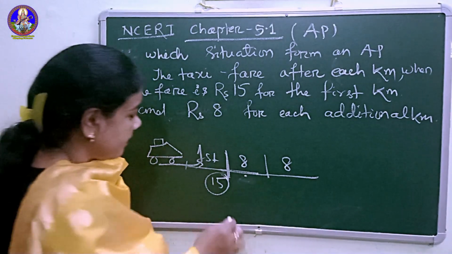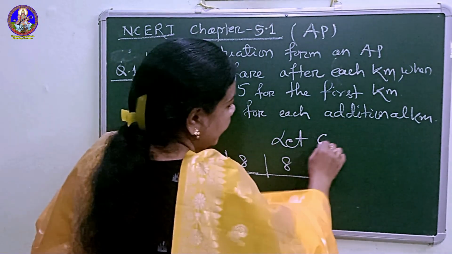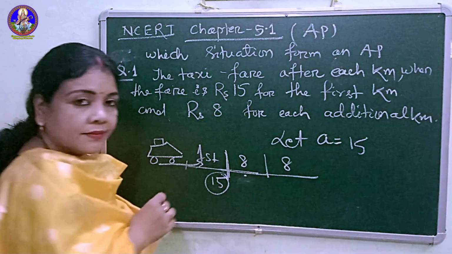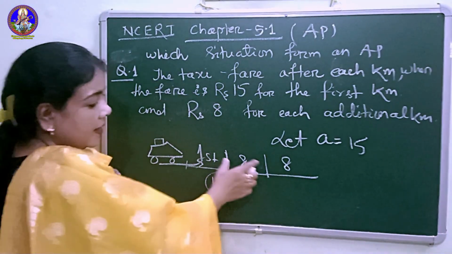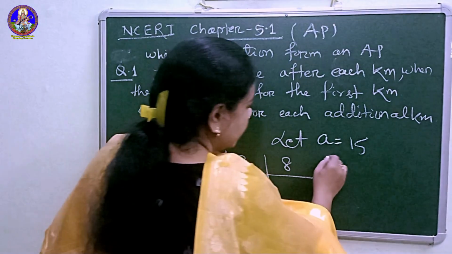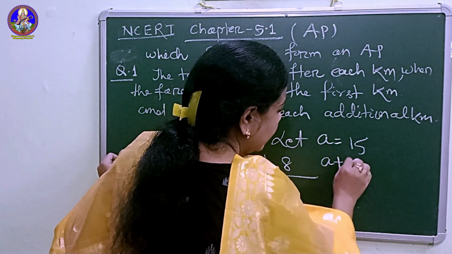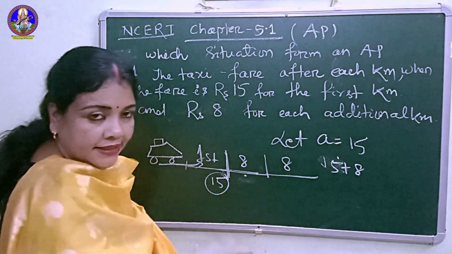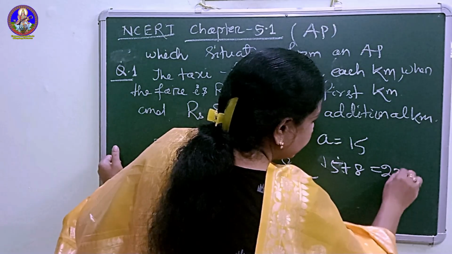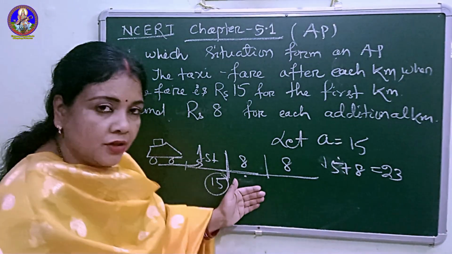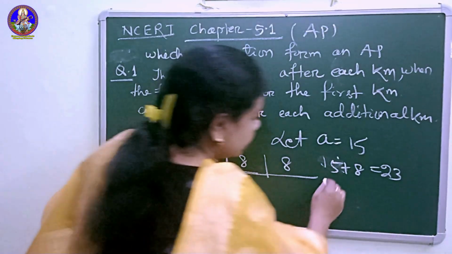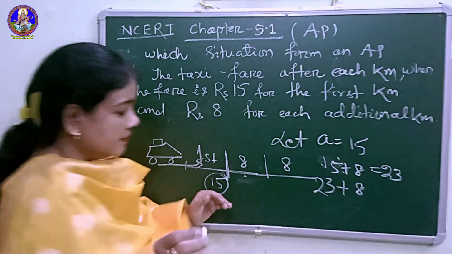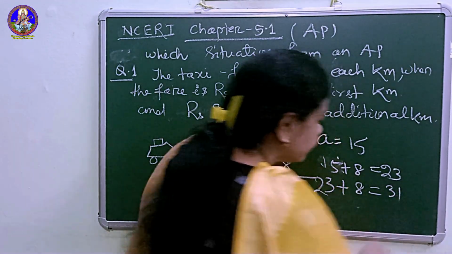Let A, the first term, be 15. Then after 2 kilometers it will be A plus 8, that means 15 plus 8, that is 23. Then after the third kilometer, 23 plus 8 rupees is again added, which is 31.